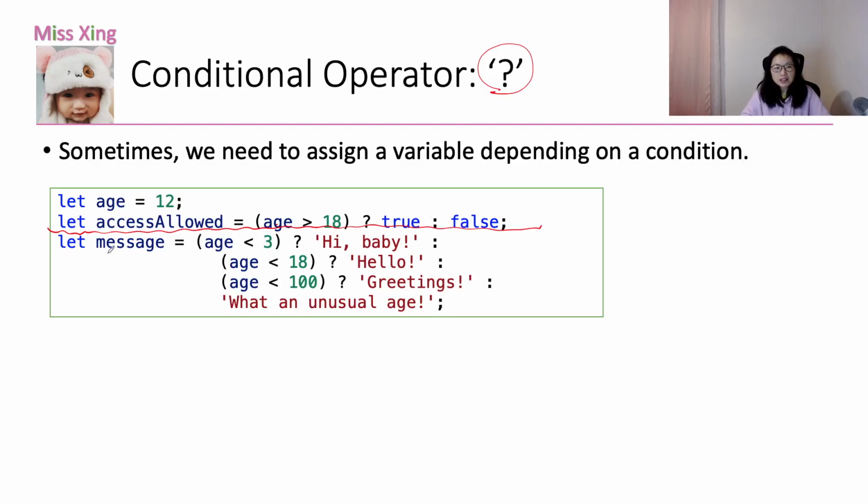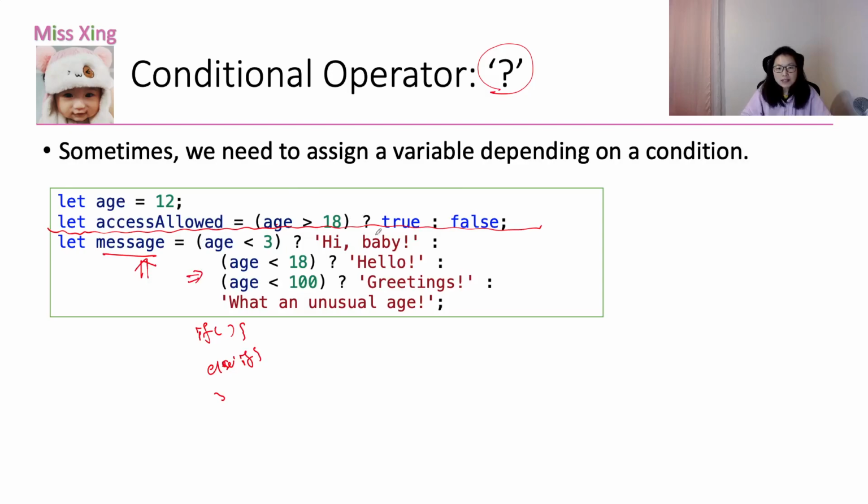Here is another way to do it, but if we have multiple conditions, I don't suggest using this question mark operator, because it makes the code not easy to read. I prefer using if, else if, like this way. This is going to be much clearer than this one, but it's also doable.